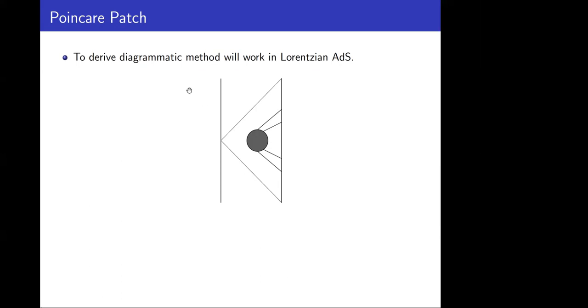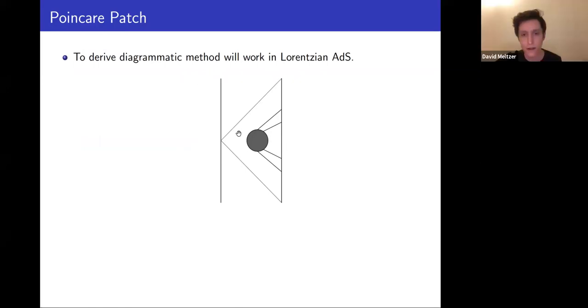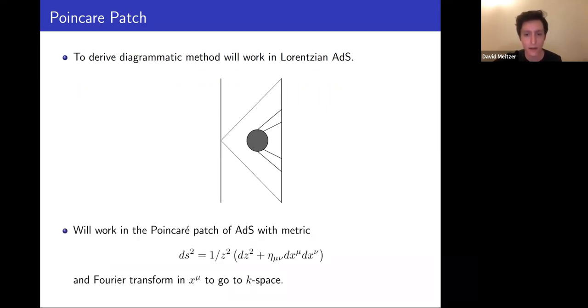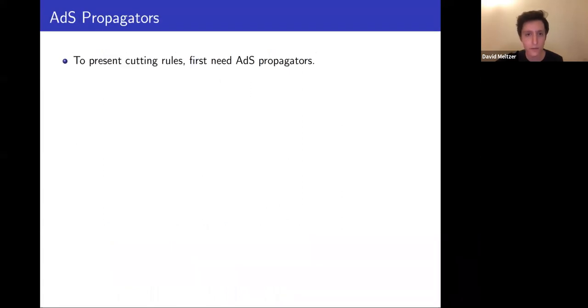In this section, I'm going to work in Lorentzian AdS, in the Poincare patch. I'll use the standard metric, and I'll be doing a Fourier transform in these flat x mu directions to go to momentum space. So I'm just going to review some basics about AdS CFT propagators.